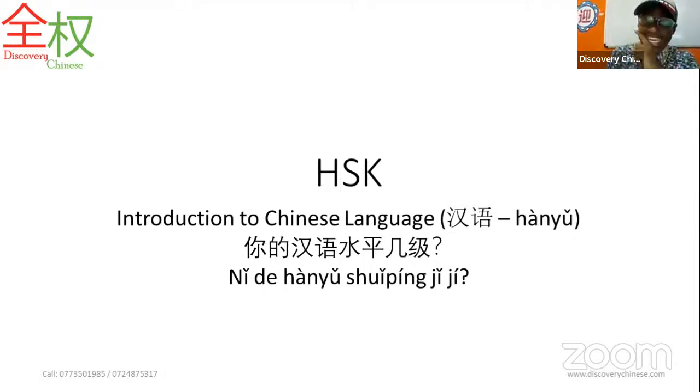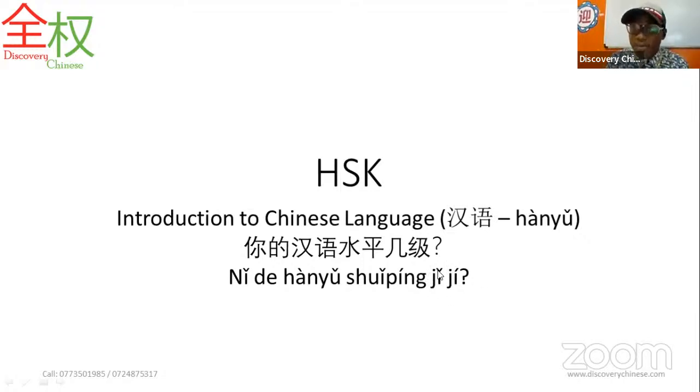So when I say 你的, considering that 你 means you, then 你的 would be something that belongs to you. So 你的汉语, your Chinese 水平, your Chinese level. 你的汉语水平几级.